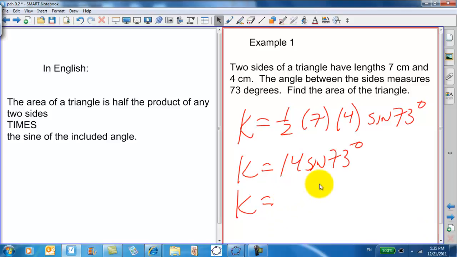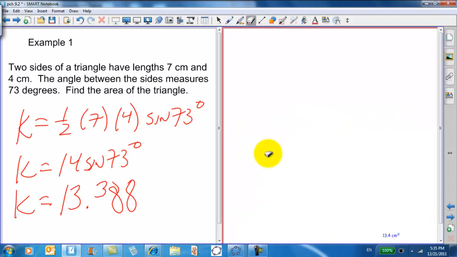And I get 13.388. That checks with 13.4 square centimeters.